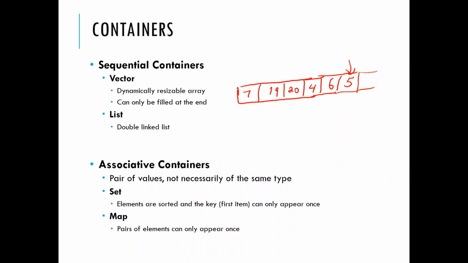An associative container is something like a set. A set does not have to have a particular order. In this case, they are ordered, I guess. Their elements are sorted. And there is a key per element that can only appear once. So essentially, a set, much like a mathematical idea, is not supposed to have an ordering. They're not supposed to have any duplication, but you don't really care about order.